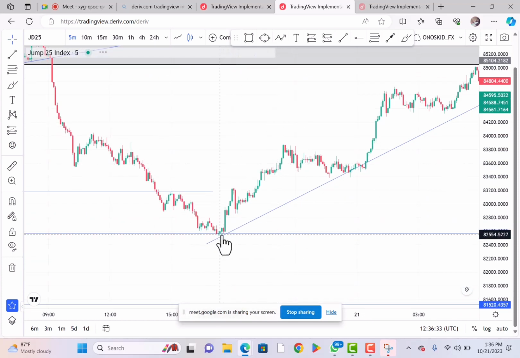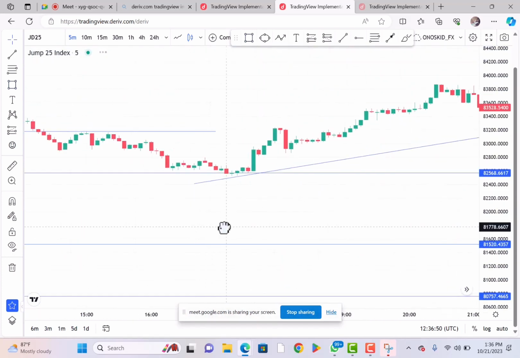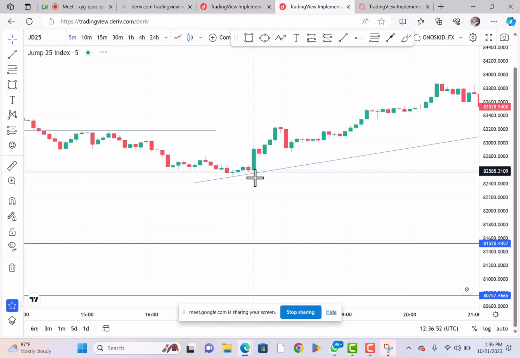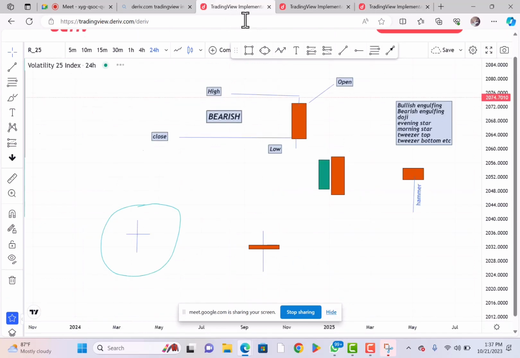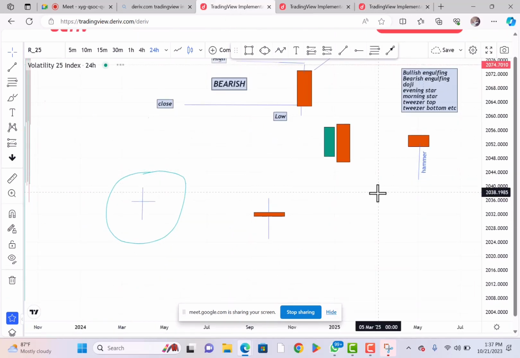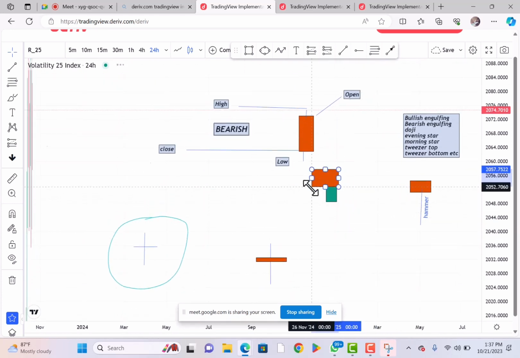Okay, this is an example of a bullish engulfing candle. This particular candle. I need to zoom in so that you can see clearly. Okay, look at these first two candles. This is an example of what? Bullish engulfing. Like I showed you guys here. Oh, I've changed the narrative.